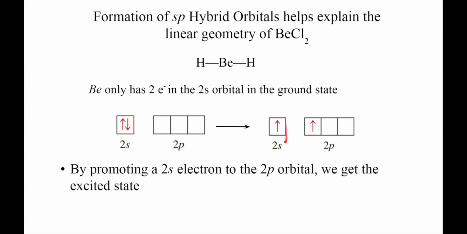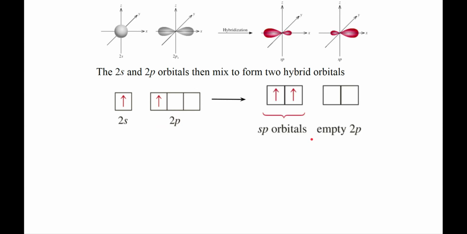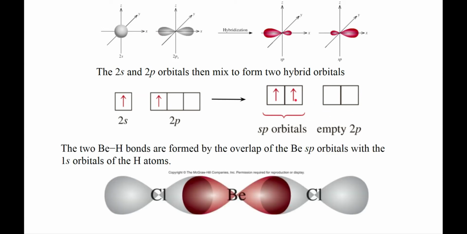So with a single s orbital and a single p orbital, you can just ask yourself, hey, what would these hybrid orbitals be called? And it is an sp orbital. So we start with 2, we end with 2, and the name sp is because there's just one s and one p that make it up. So if there are 2 hybrid orbitals with an unpaired electron, then they're able to bond.